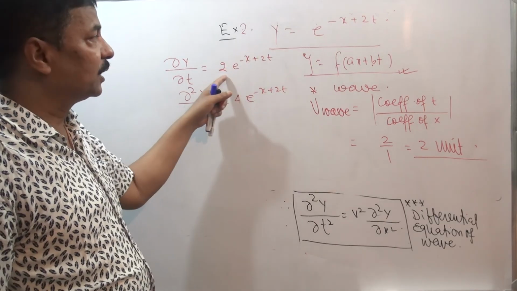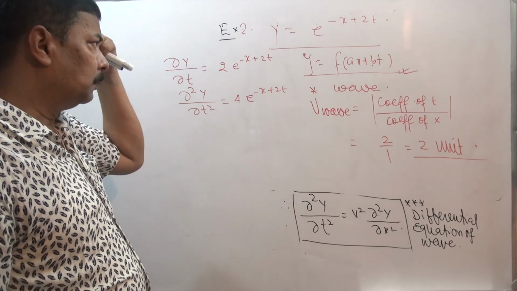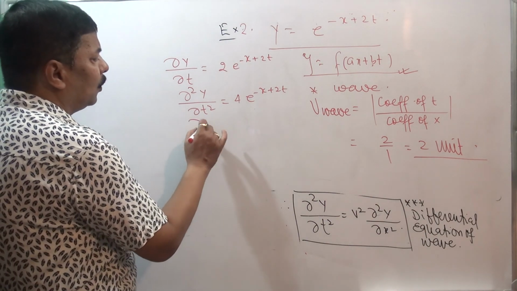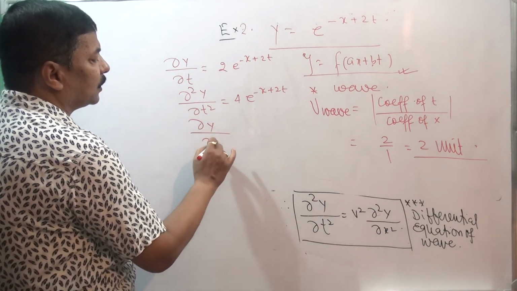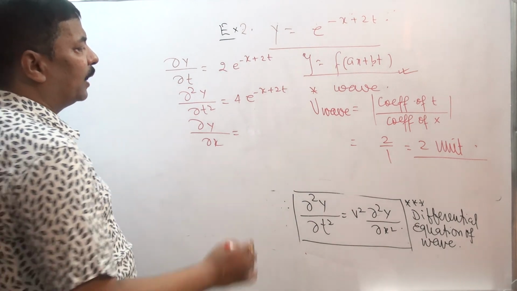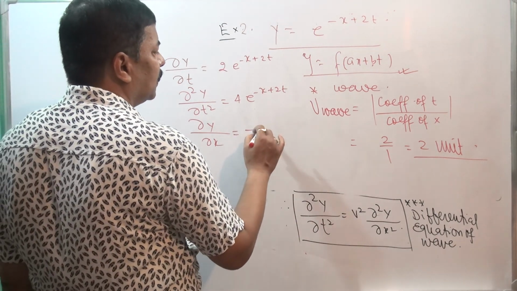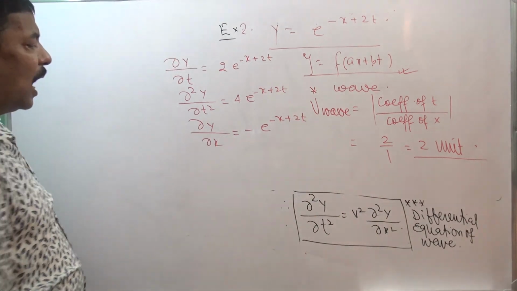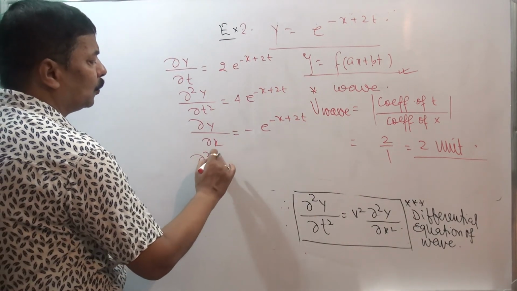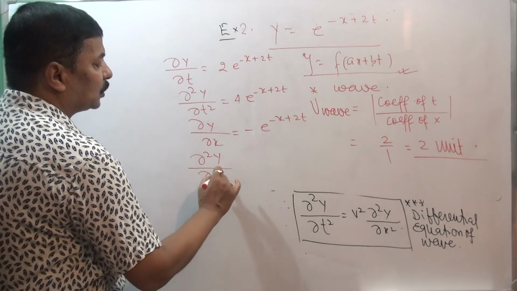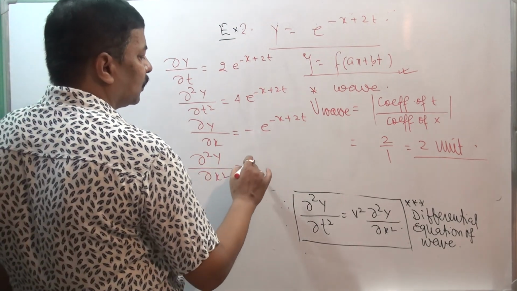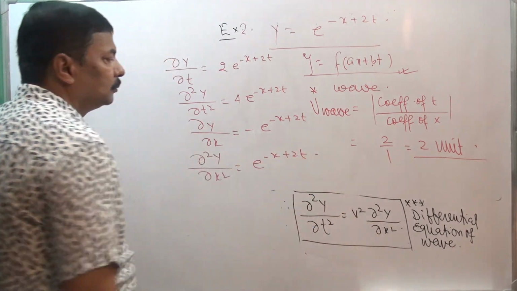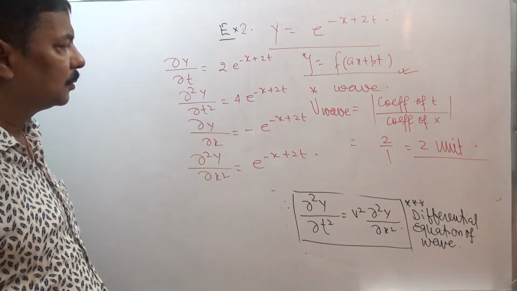Now del y by del x is minus e to the power minus x plus 2t, and del 2y by del x2 is e to the power minus x plus 2t, minus minus plus.